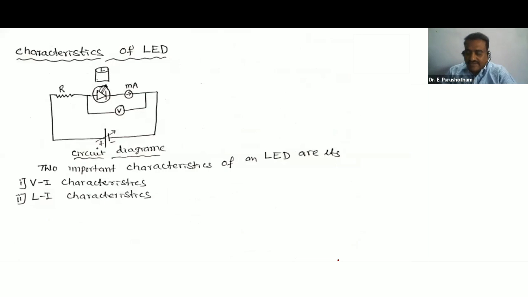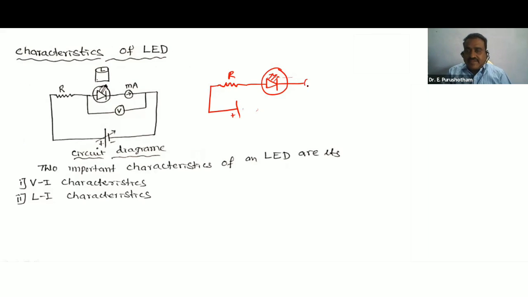This is the circuit diagram. I am drawing it here again. This is the normal PN junction diode, and this symbol is the LED, light emitting diode. The p-type material is connected through a resistor to the positive terminal of the battery.